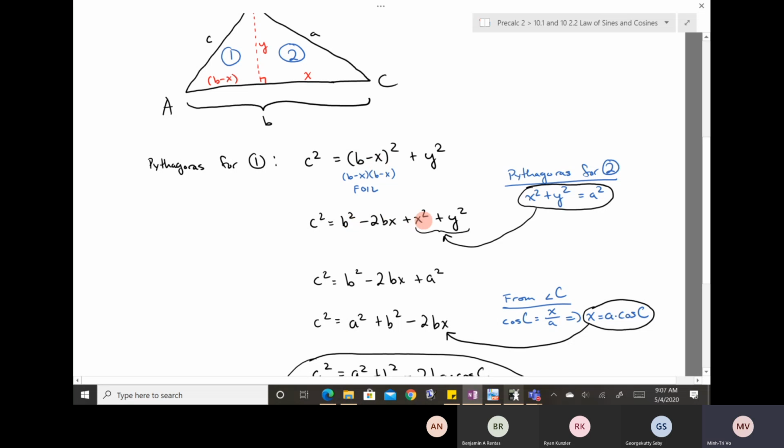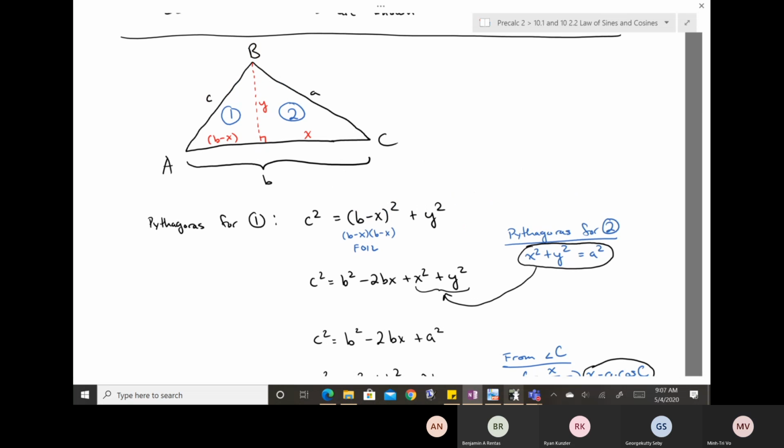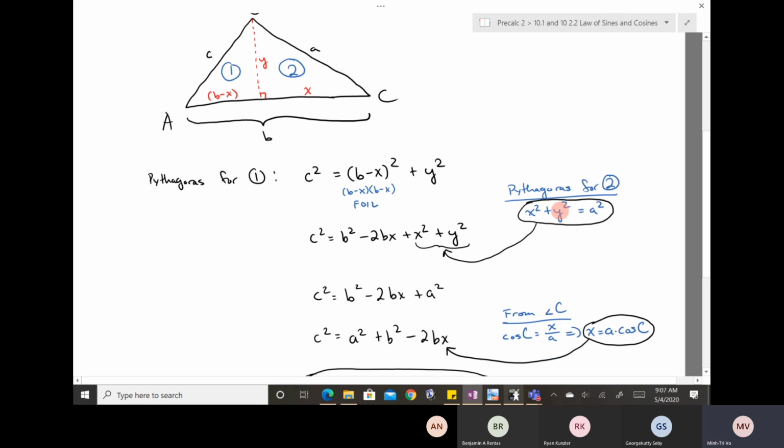And then the x squared plus y squared is just part of the other right triangle, triangle 2. So x squared plus y squared is equal to a squared from the Pythagorean theorem for the second triangle. So x squared plus y squared turns into a squared.